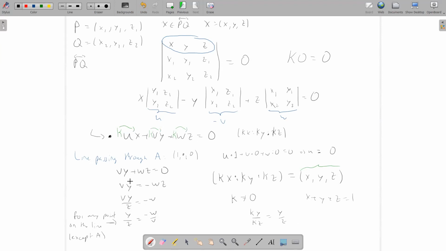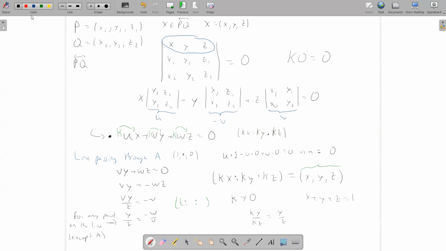And so what this equation is telling us is that the line passing through A will be characterized by all points that have some x coordinate, I'll call it t, and then the y and z coordinates are always in the same proportion.